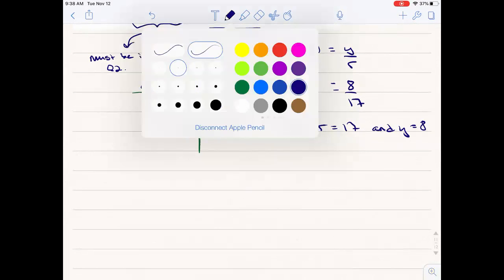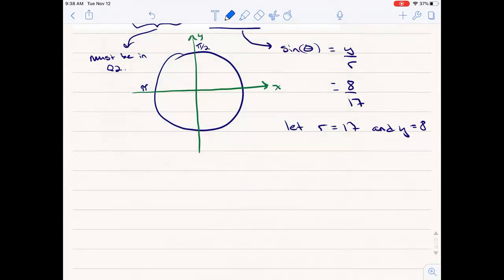So far, I know that my radius is 17. I have to be in Q2, the second quadrant, and my y value has to be 8. So I'm going to be somewhere on this arc here, at some point x, but the y value I know is going to be 8.